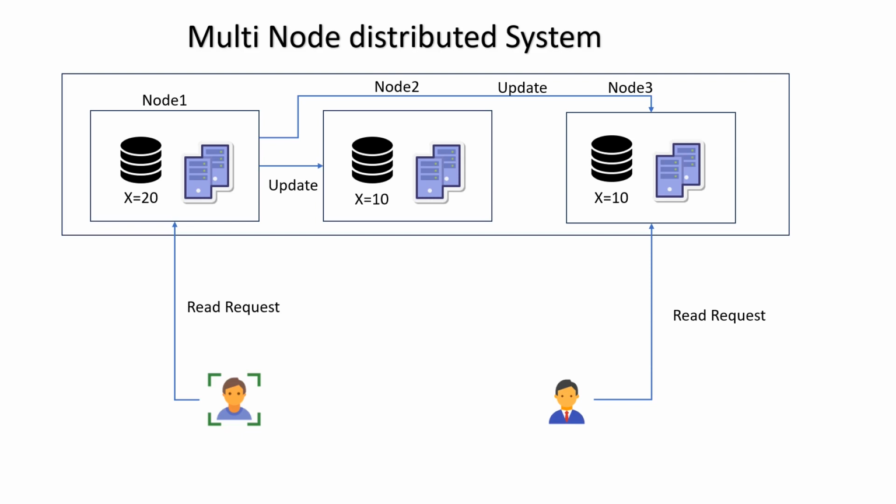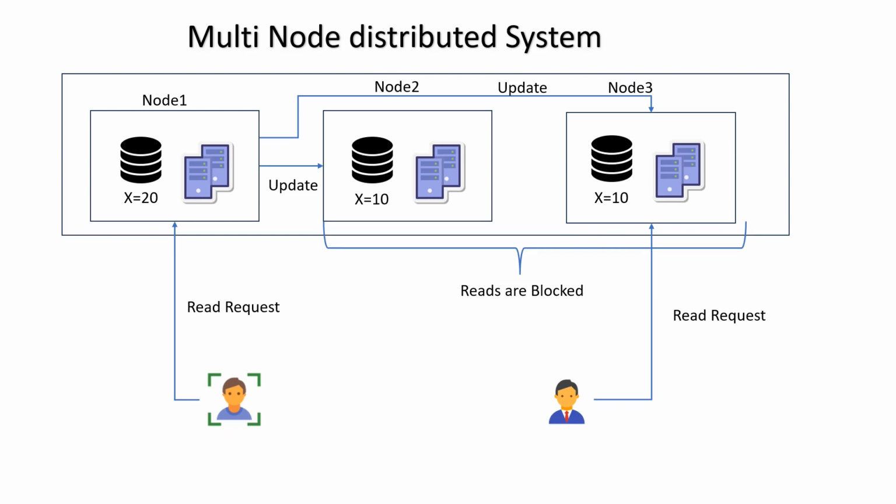Whenever we are sending these updates to other nodes, in between we can't allow users to read. If we are focusing on strong consistency, we have to make sure the client gets the correct and current data, so we have to block the reads.